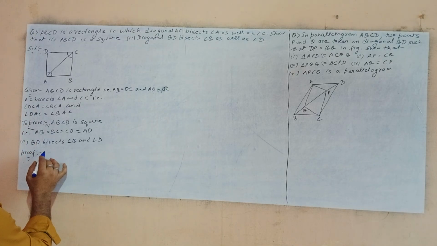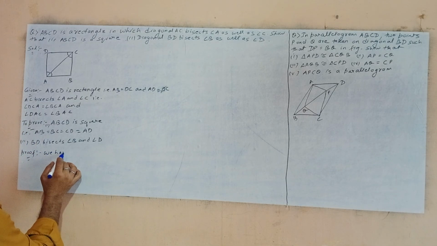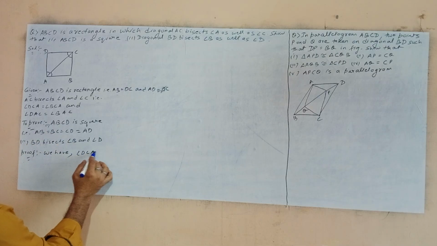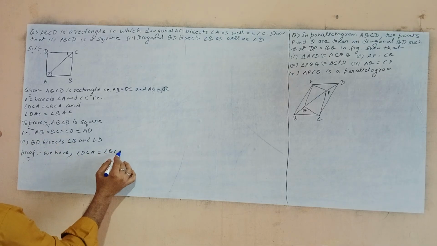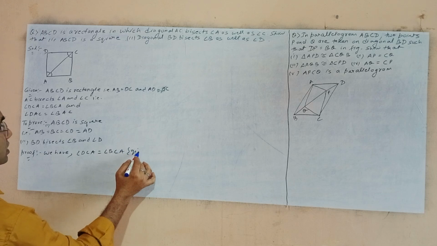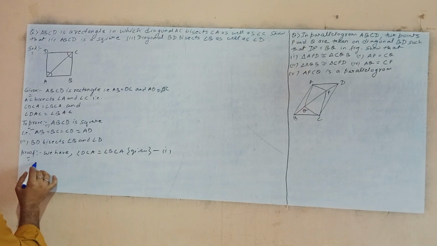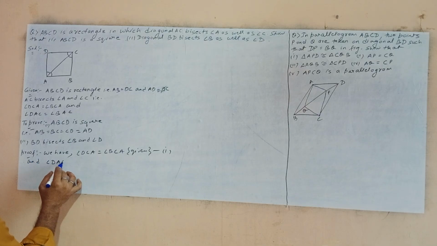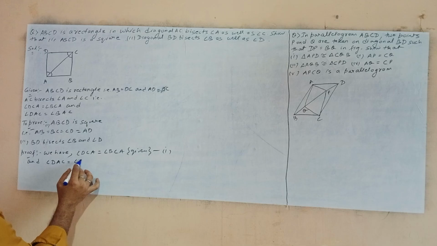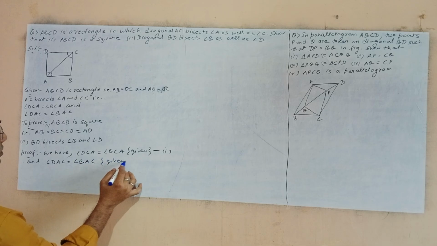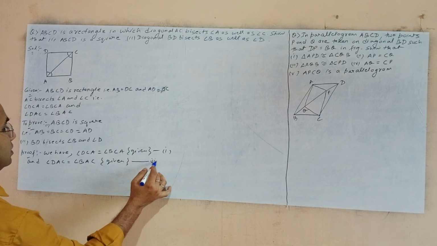So now let us start. First of all, we have angle DCA is equal to angle BCA. Why? It is given. I take it as the first equation. And angle DAC is equal to angle BAC. Why? Again given, second.